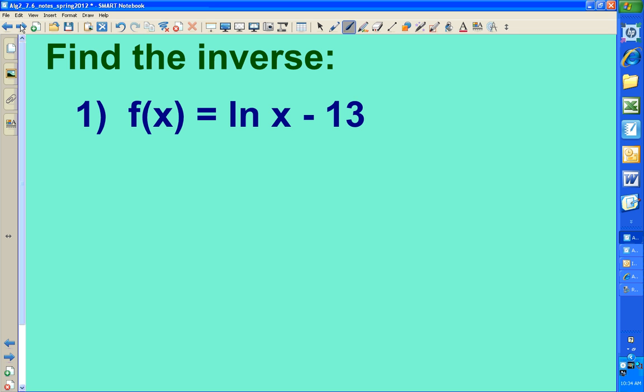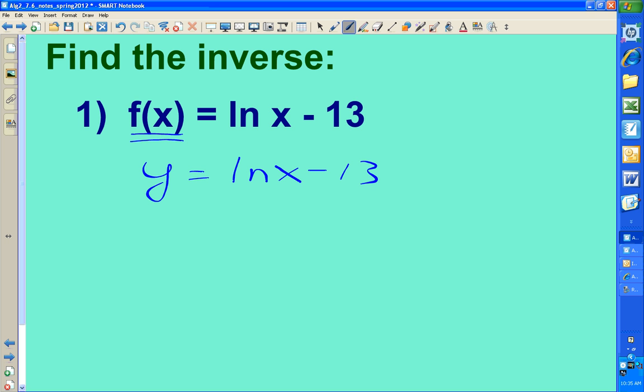The rule for finding an inverse, what do we do? Switch x and y, and solve for y. We're in function notation, so what do I do with this f of x? Yeah, right away call that y. Now somebody got confused when I said this first, so I may be misleading with what I'm saying.